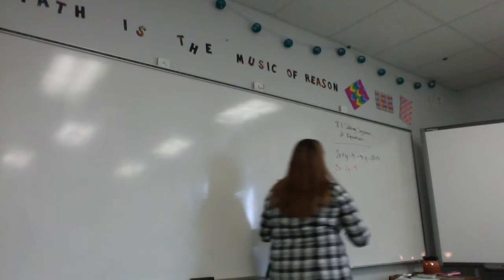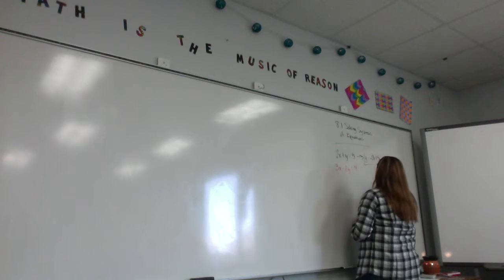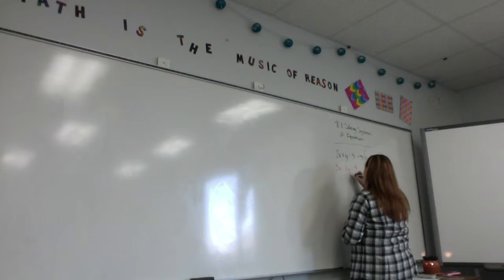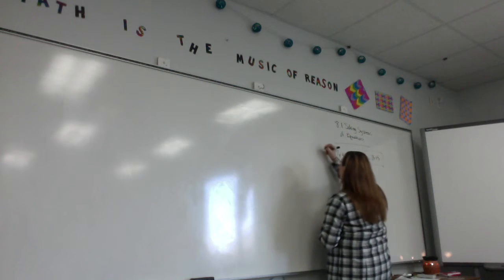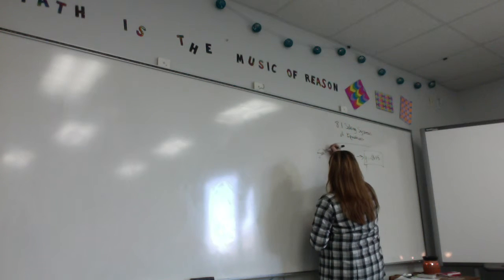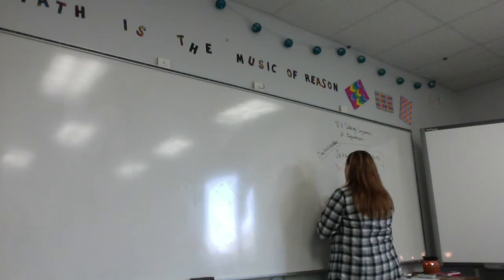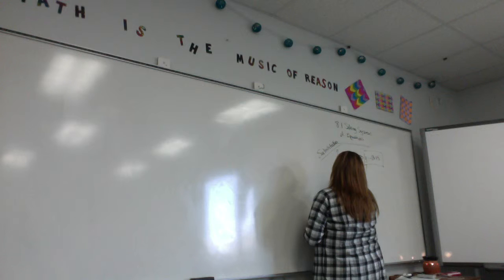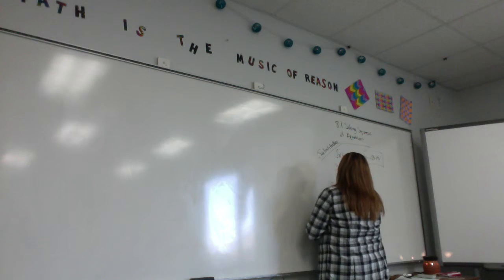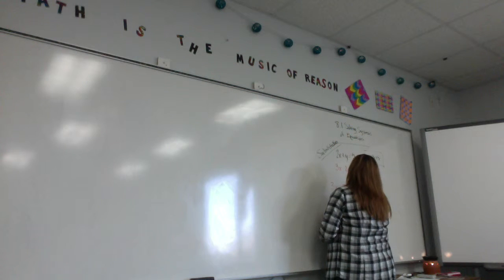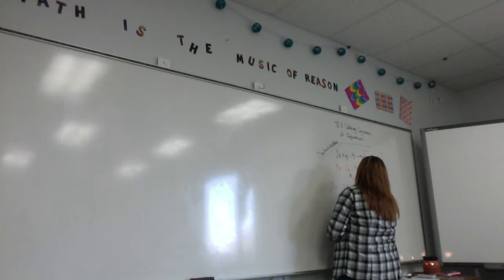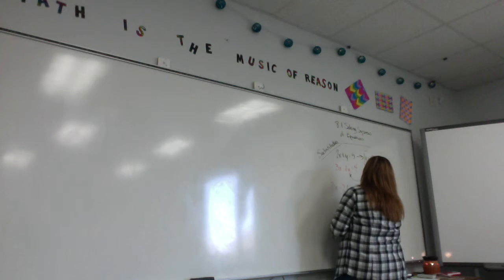I'm going to then take this equation that I just got, and substitute it in for the y here. So the whole equation goes into the y. So I'm going to rewrite it to say 3x minus 2 times negative 2x plus 5 equals 4.